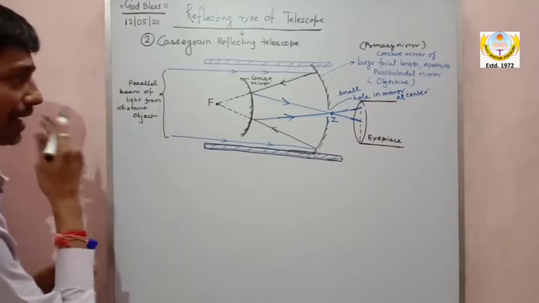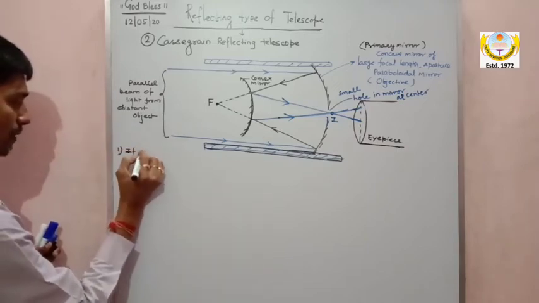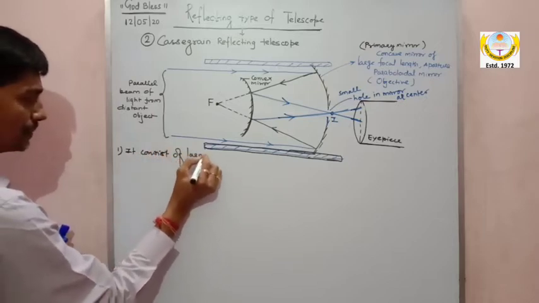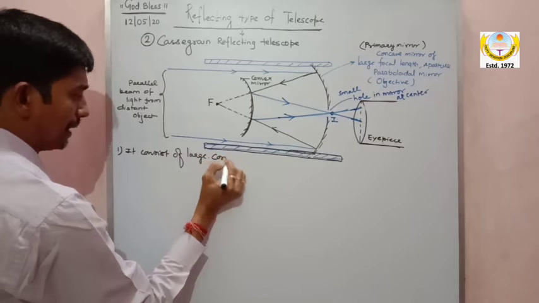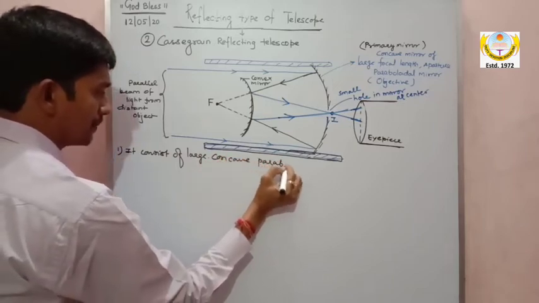So now, my dear, let's begin the topic. The first point: it consists of a large concave paraboloidal mirror.